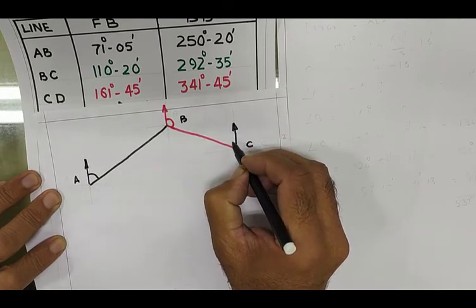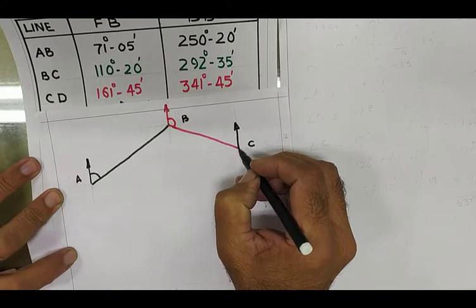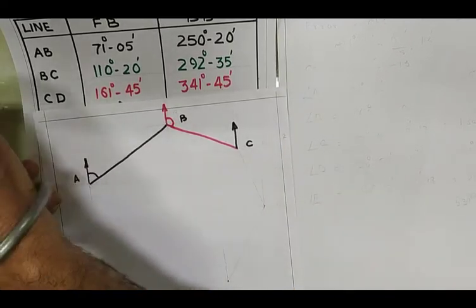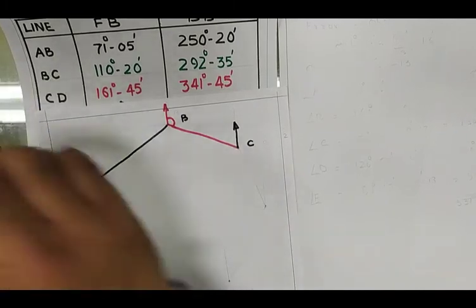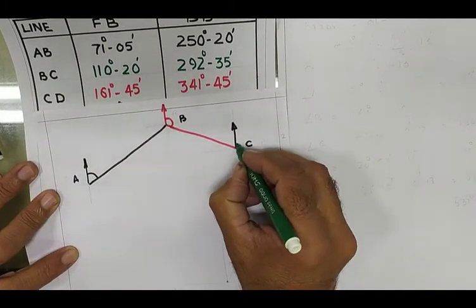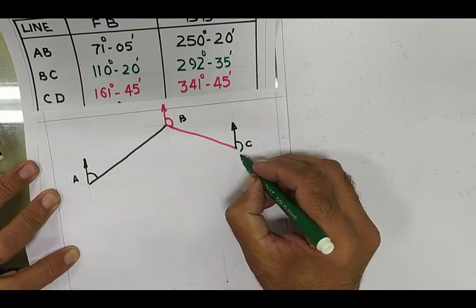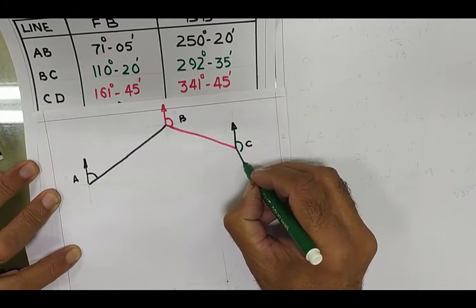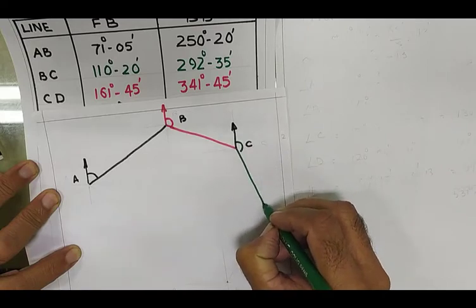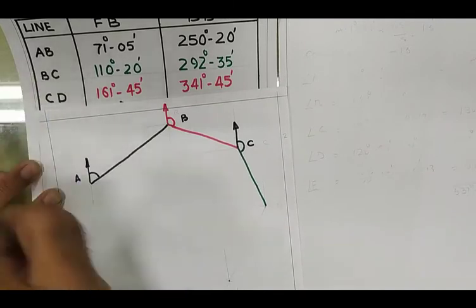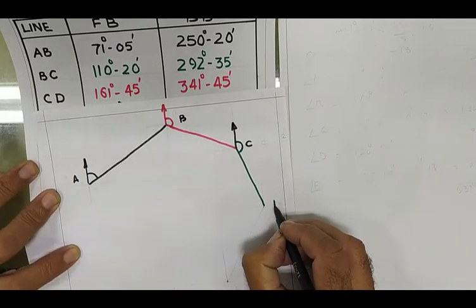Now the fore bearing of the next line CD is 161 degrees. So you make the angle over here, less than 180 degrees, and I have taken this angle as 161 degrees.